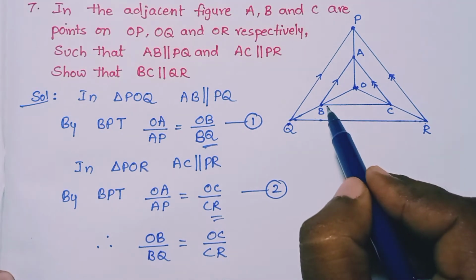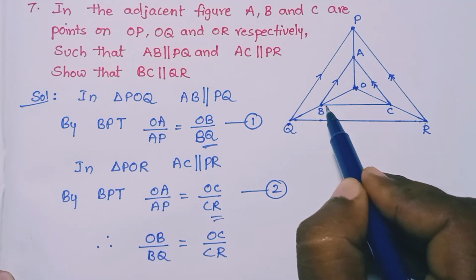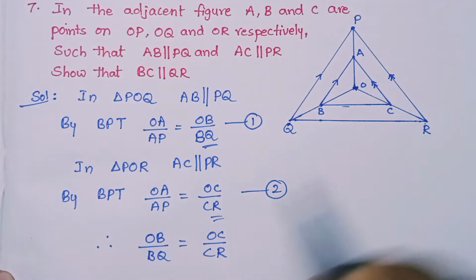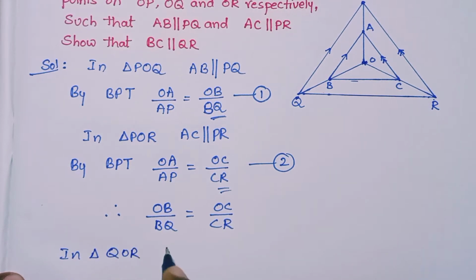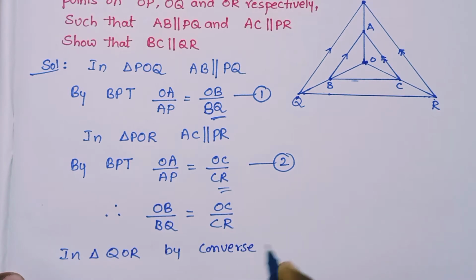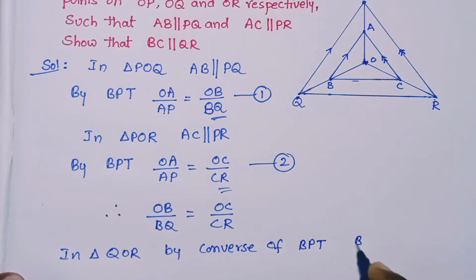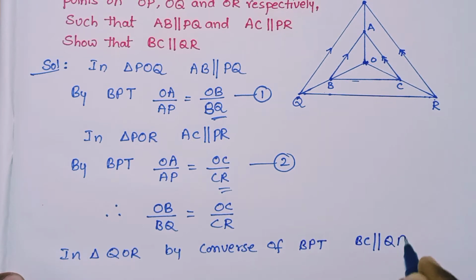So, by the converse of basic proportionality theorem, we can write BC is parallel to QR. In triangle QOR, by converse of BPT, BC is parallel to QR.